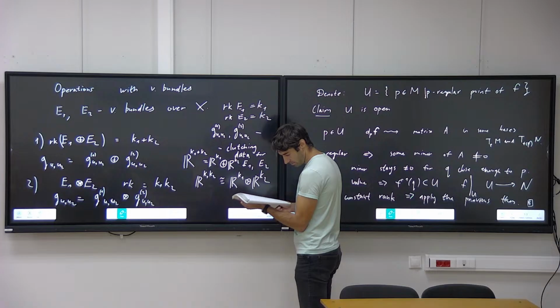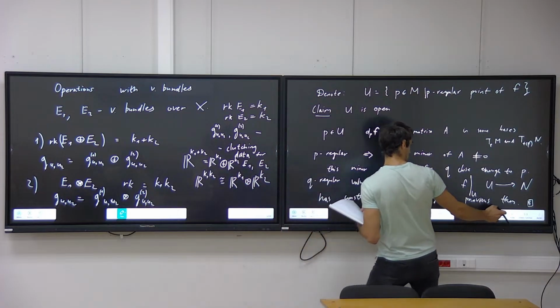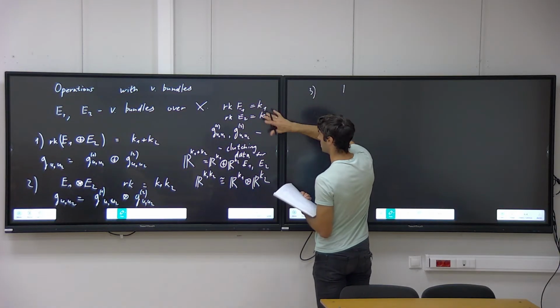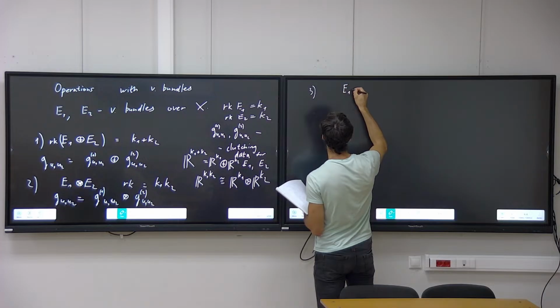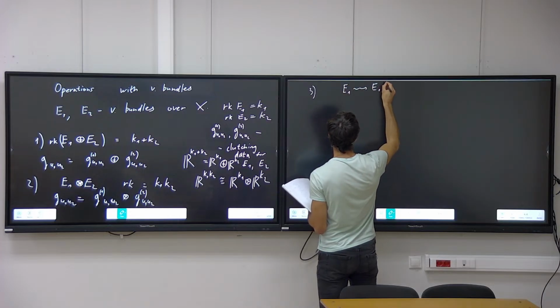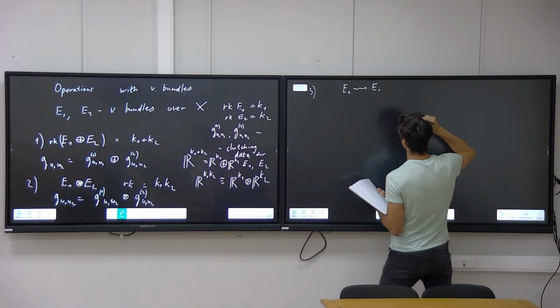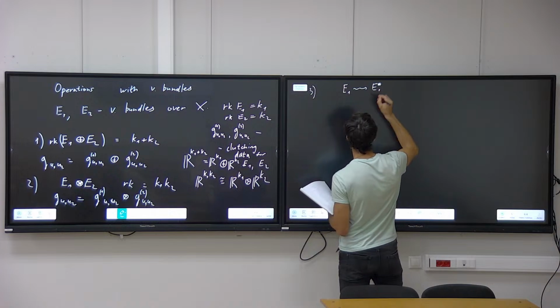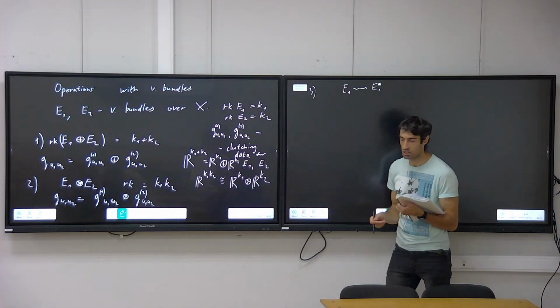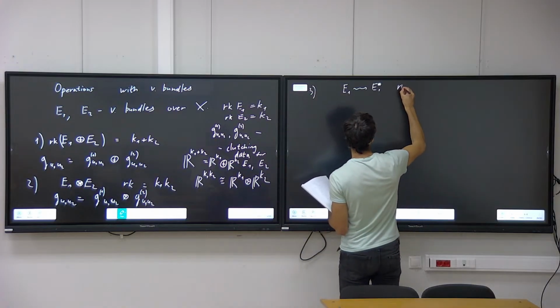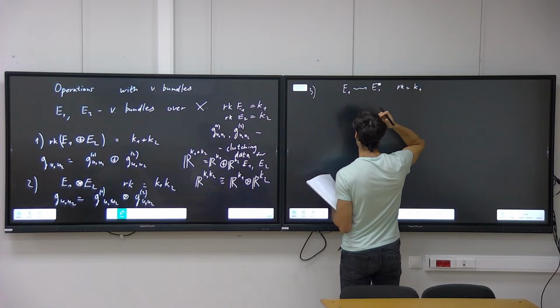Then, of course, number 3, and we discussed it already. Just take one of them, say E1, and you can consider the dual. The rank of the dual is the same as the rank of the original one.